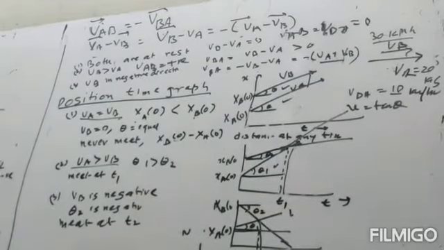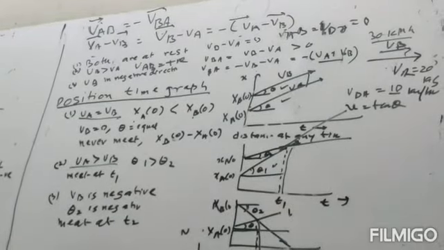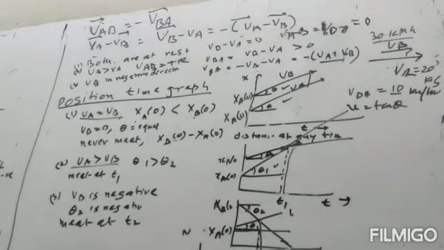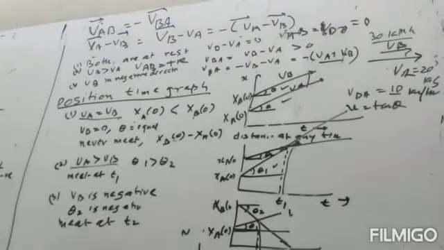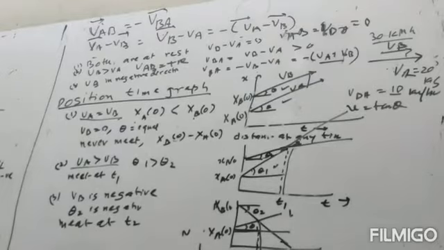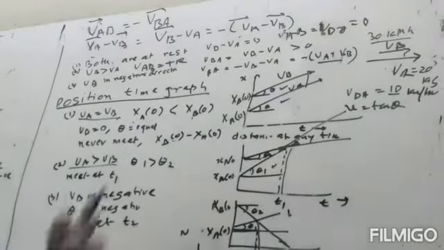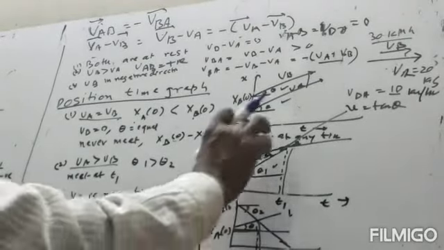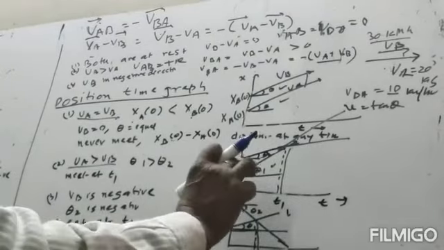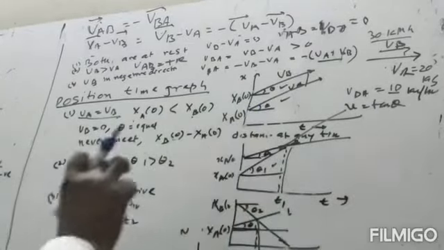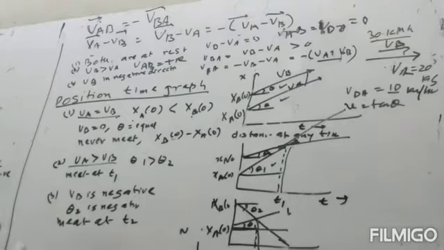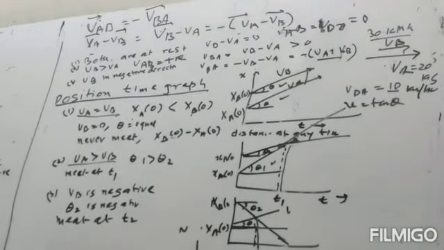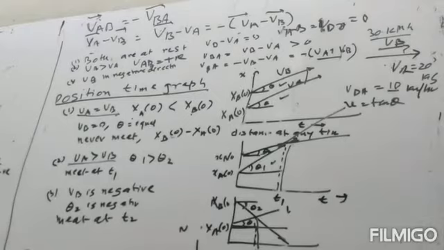So when both are moving in the opposite direction with a different velocity, they will certainly cross at a time. Similarly, when they are moving with a different velocity and the velocity of A is more than B, they will certainly meet at some time. So this is all about the relative velocity.